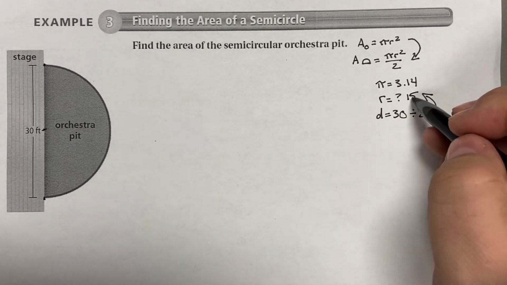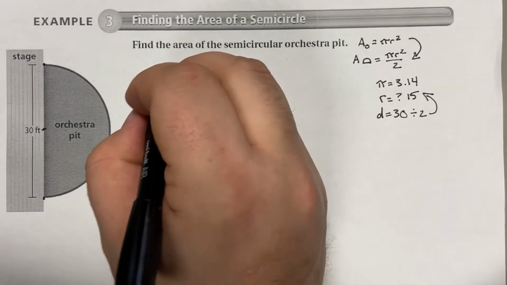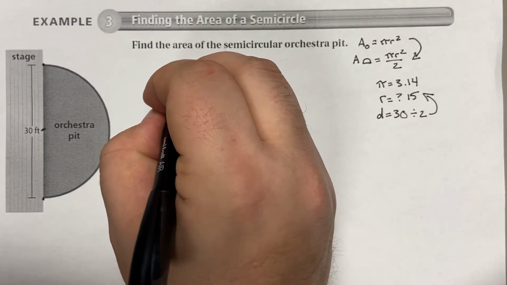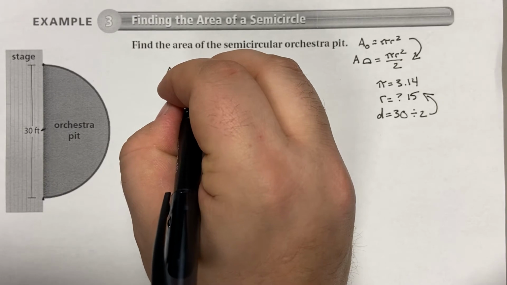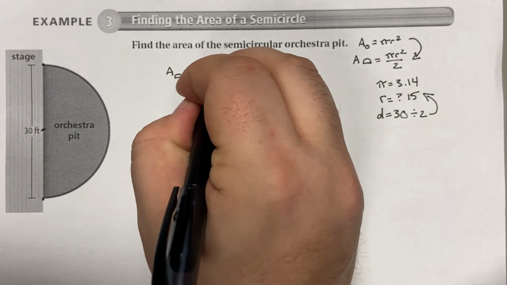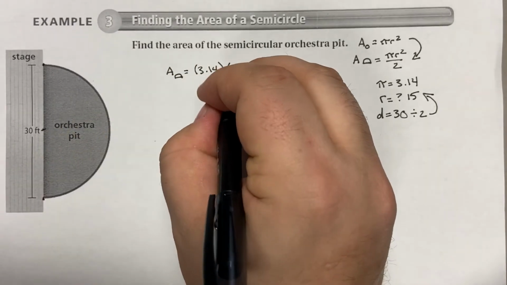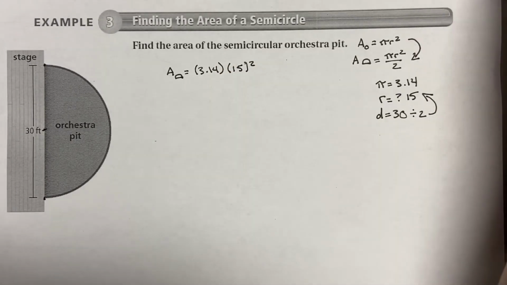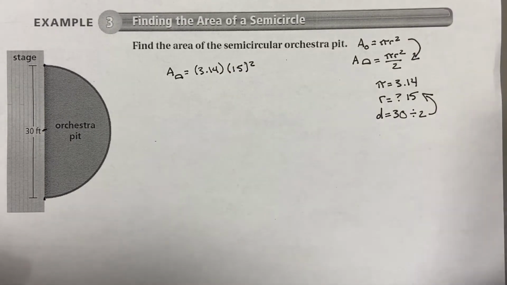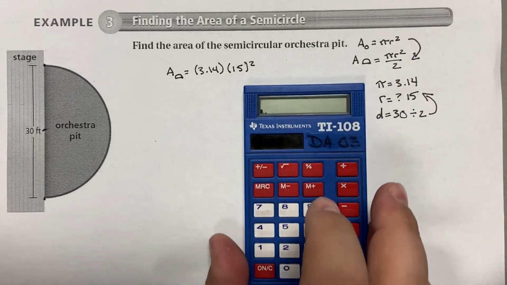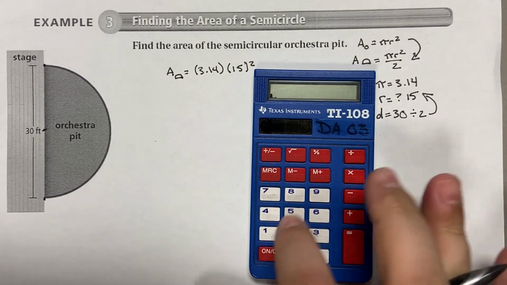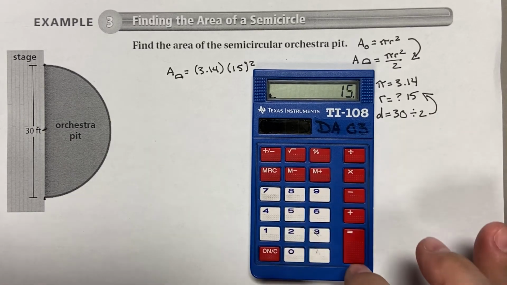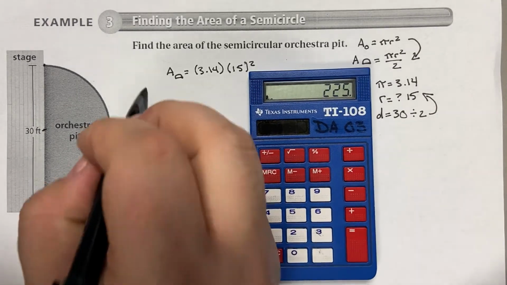Now I have my radius and I have pi, so I can solve for the area. The area of the orchestra pit, which is a semicircle, is going to be equal to 3.14 times 15 squared. I'm going to grab my calculator because I don't have that one memorized, even though I probably should. 15 times 15 equals 225.